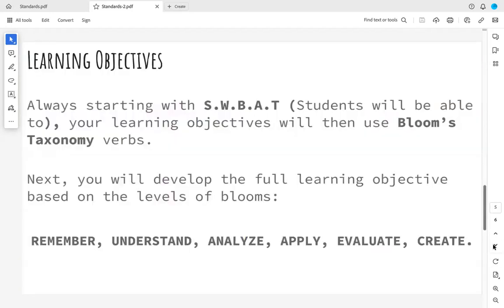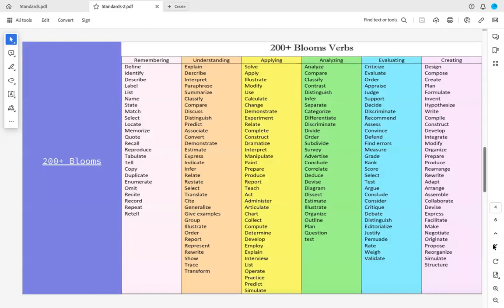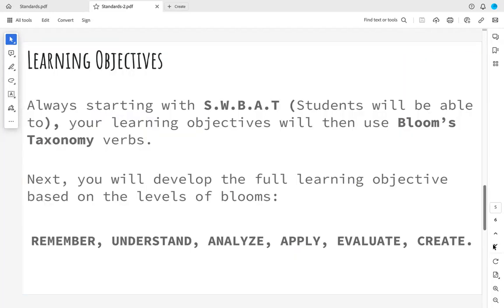to assure that they were able to complete and understand the concept. So learning objectives. You always start with the acronym SWABAT, which is just students will be able to. After that, your learning objectives follow using one of these Bloom's verbs, and then whatever comes after that helps you develop your full learning objective, as long as you're using those 6 Bloom's taxonomy pillars.